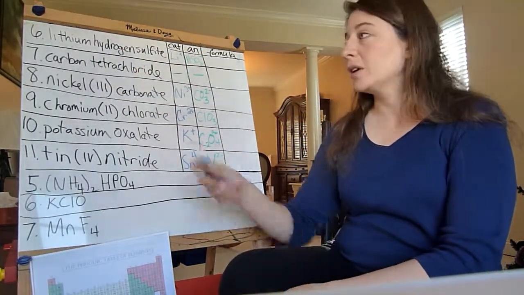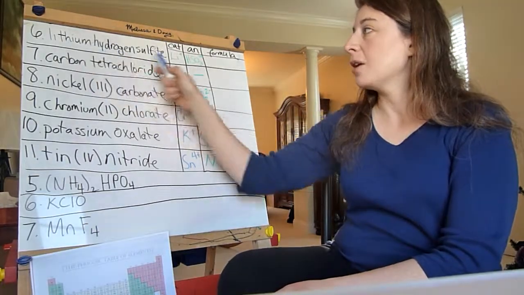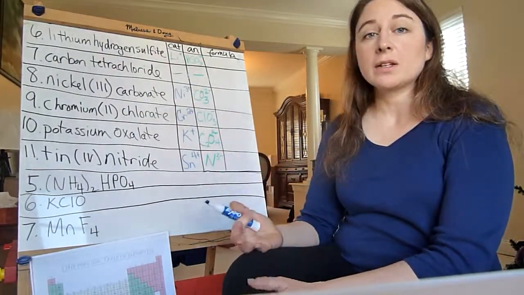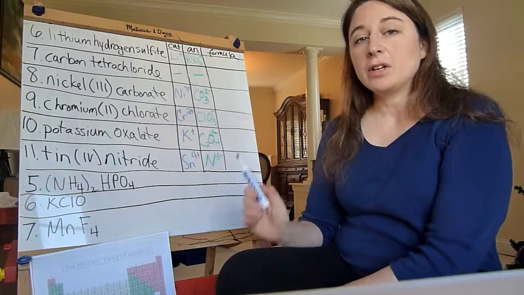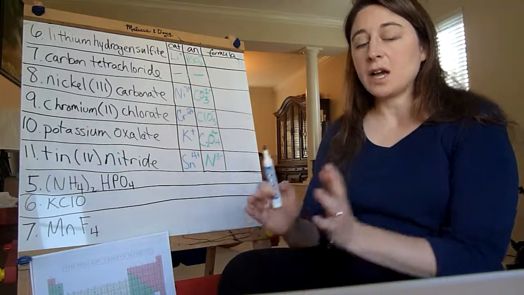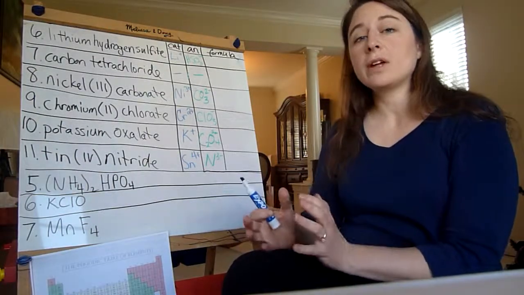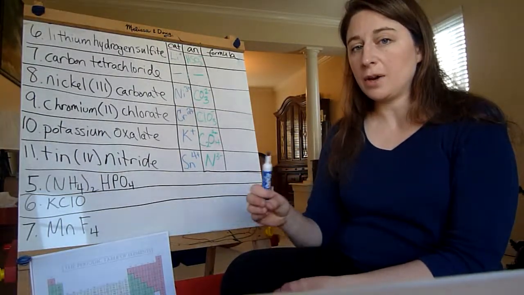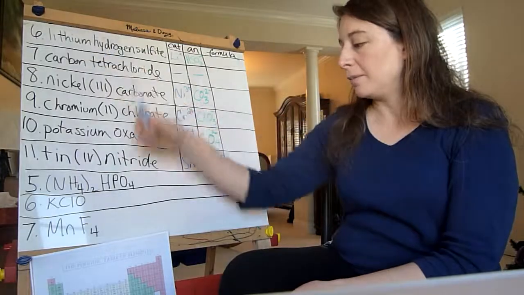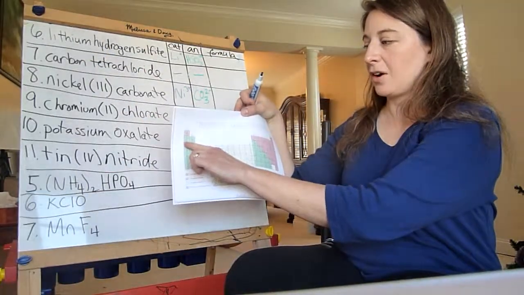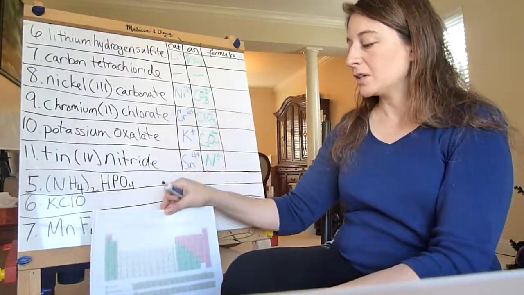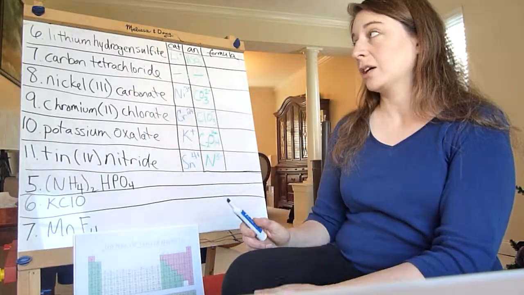When you're given the name of a chemical and you have to write its chemical formula, you need to figure out first, is this ionic or is it covalent? If it's covalent, it'll be made up of all nonmetals. But lithium is a metal. It's here on the periodic table, it's a metal. So we know that this is going to be ionic.